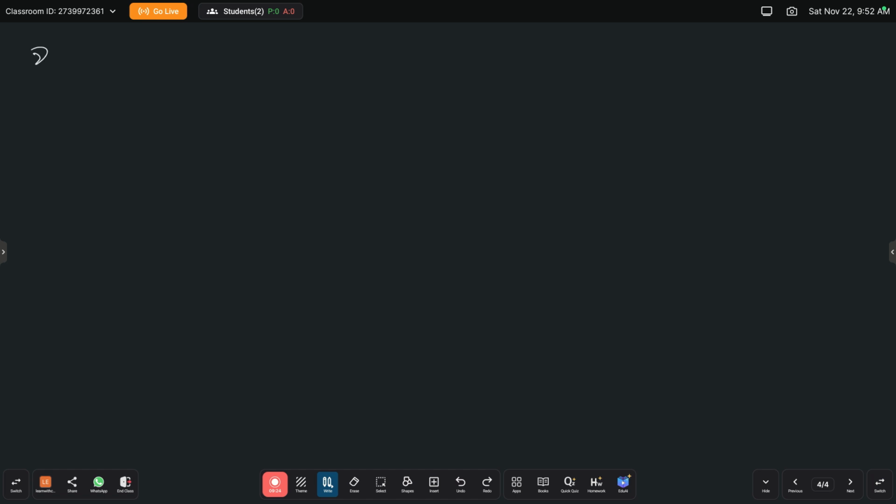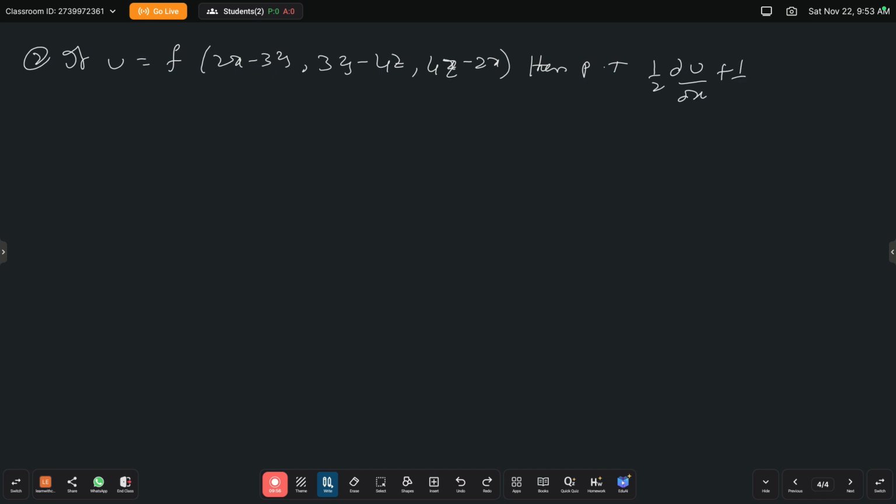Okay. Now the second problem. If u is equal to f of (2x minus 3y, 3y minus 4z, 4z minus 2x), then prove that 1 by 2 into dou u by dou x plus 1 by 3 into dou u by dou y plus 1 by 4th into dou u by dou z equals 0.